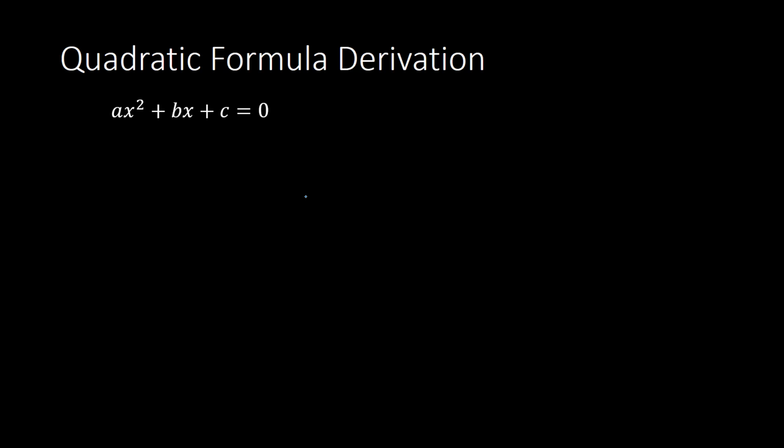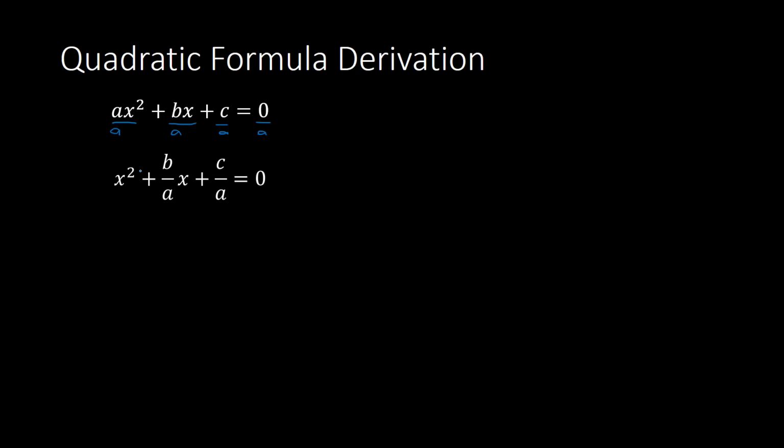So a, b, and c are just any number, okay? And so what I want to do to complete the square is I need to get rid of the coefficient on the x squared term and then subtract the constant c over to the right side. To get rid of this coefficient, remember I just simply divide everything by that coefficient. So I divide everything by a.